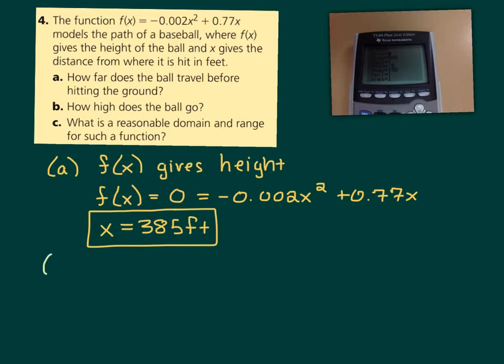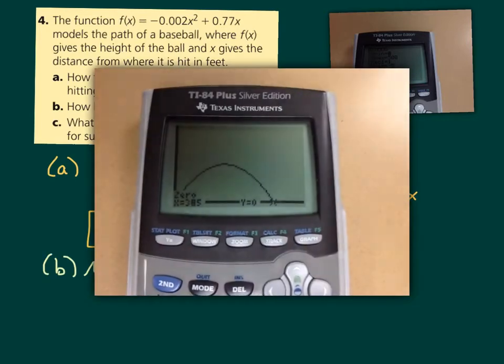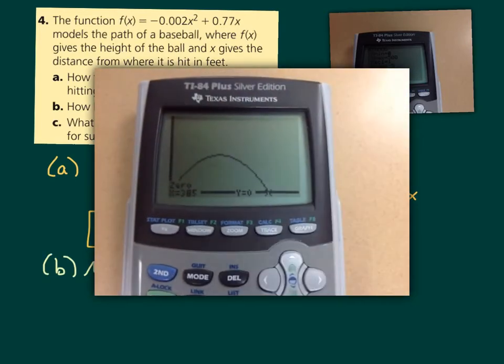In part B, how high does the ball go? We are looking for the maximum of f of x, which occurs at the vertex, which we could use our formulas, or, since we already have this in the calculator, we can use that. So what we're looking for is the maximum right here.